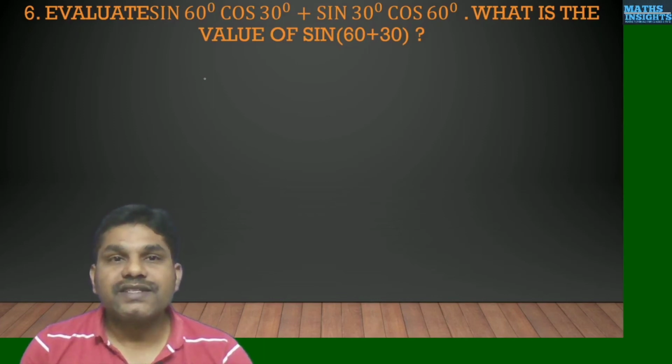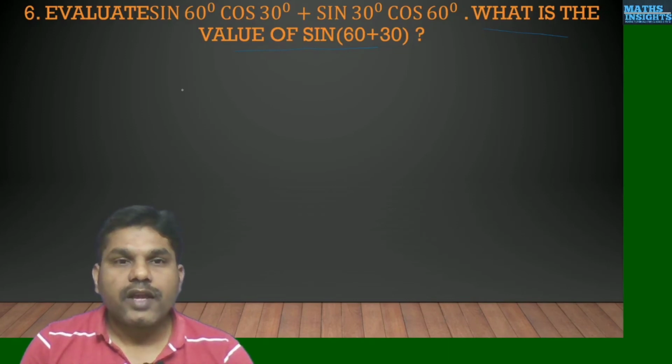Evaluate, same kind of problem, but it involves one conclusion. Evaluate sin 60 degrees cos 30 degrees plus sin 30 degrees cos 60 degrees. Then they ask what is the value of sin 60 plus 30, and they will ask for your conclusion also. I am evaluating sin 60 into cos 30 plus sin 30 into cos 60.